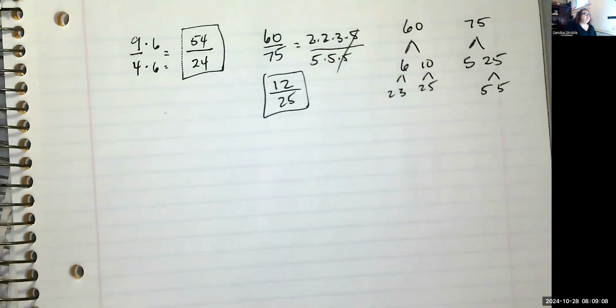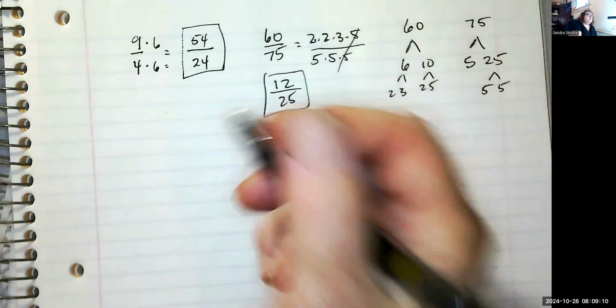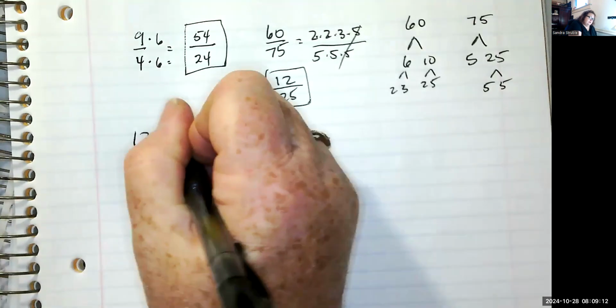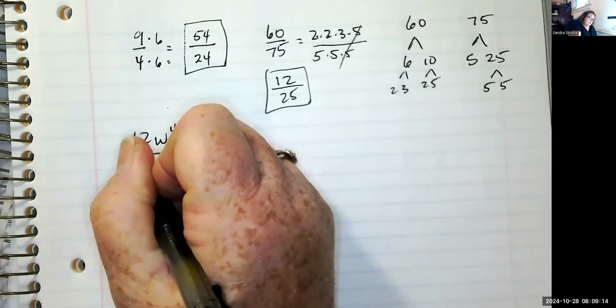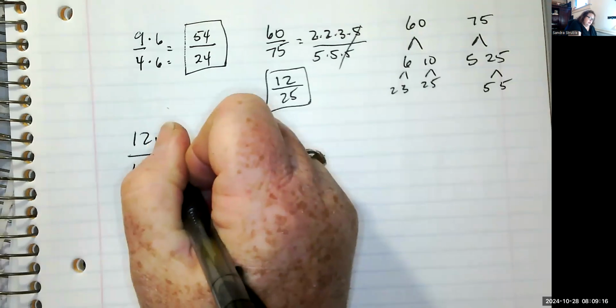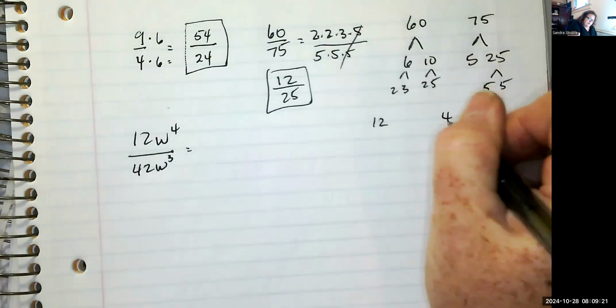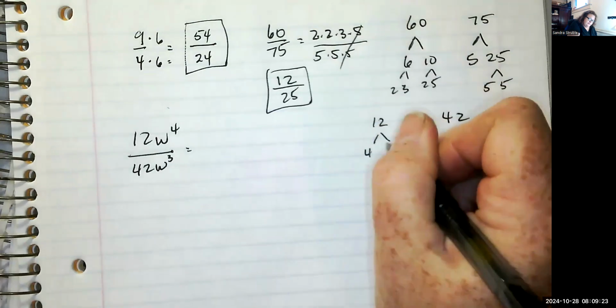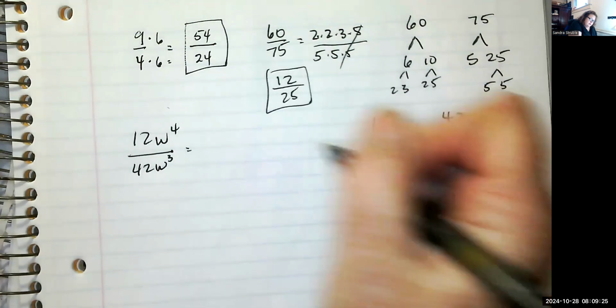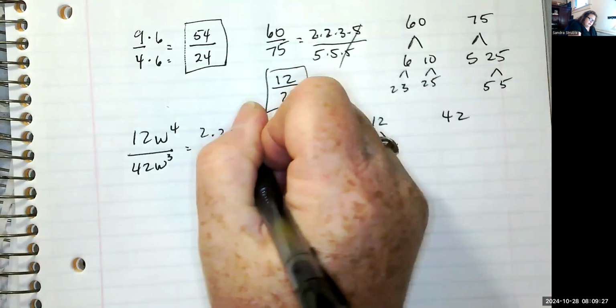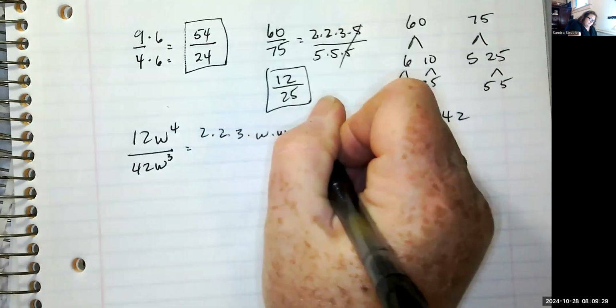All right. Simplify to the lowest terms: 12w to the fourth over 42w cubed. I need to tree my 12 and my 42. 2, 2, 3, and then I've got 4 w's.